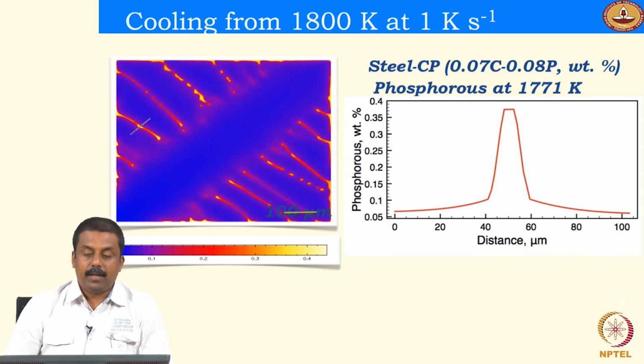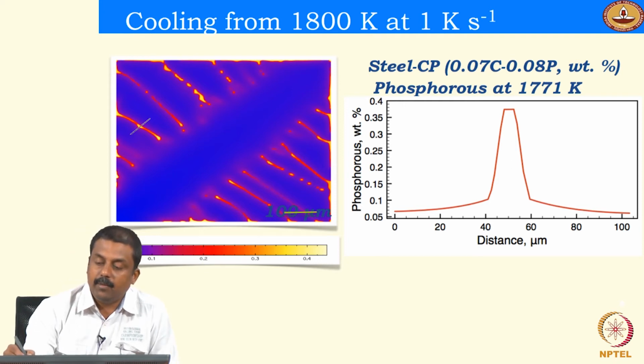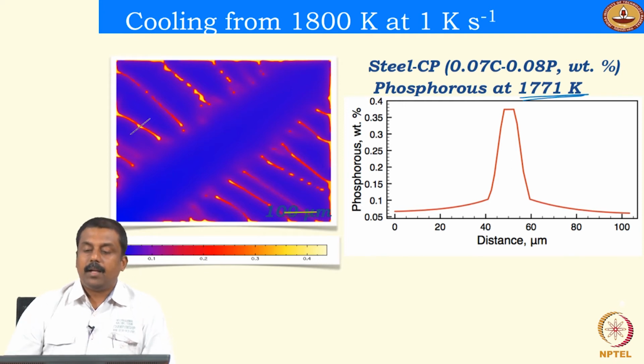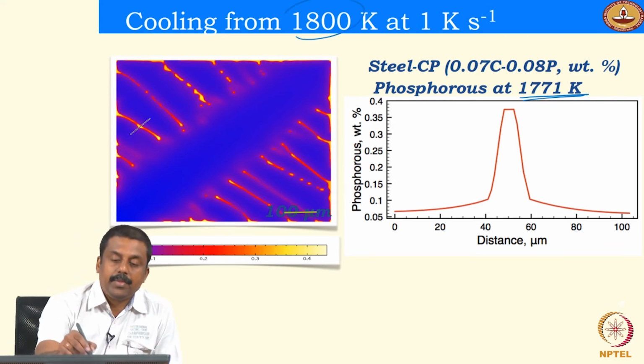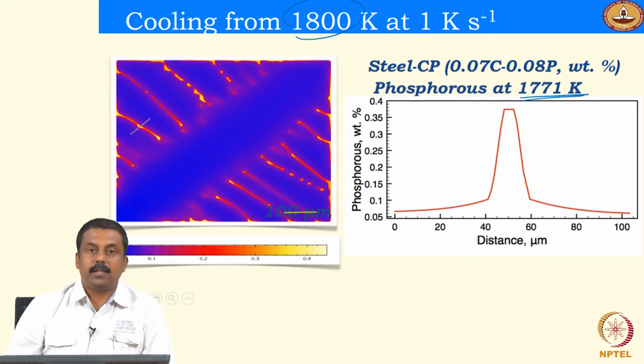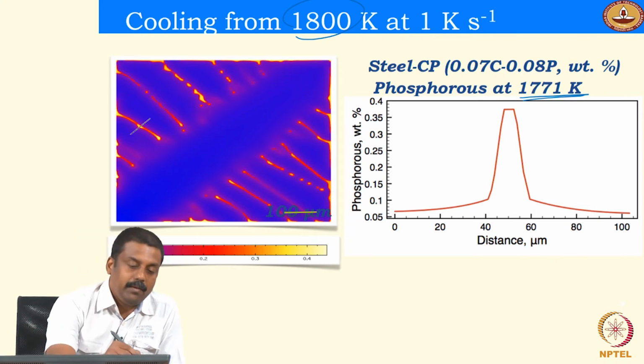And now we will compare one case where we froze the microstructure at a temperature of about 1771 Kelvin. The solidification begins somewhere around 1800 Kelvin, and we froze the microstructure at 1771 Kelvin, and we will see at this point we have still liquid present in these regions, for example at these boundaries.